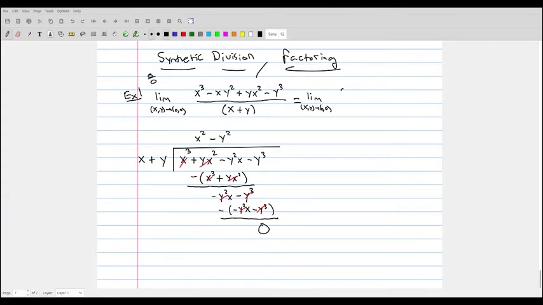Specifically, this numerator is equal to x plus y times x squared minus y squared, with a remainder of 0. Which allows us to simplify this, because x plus y divided by x plus y is 1.